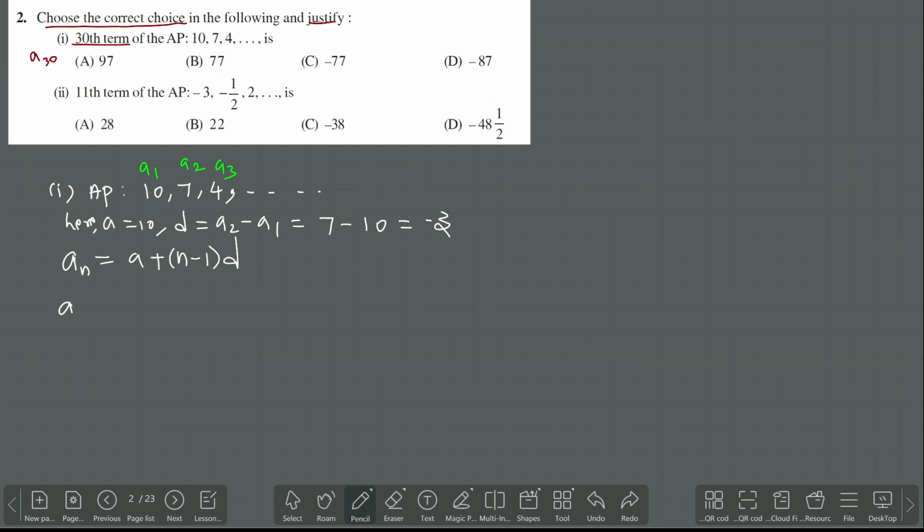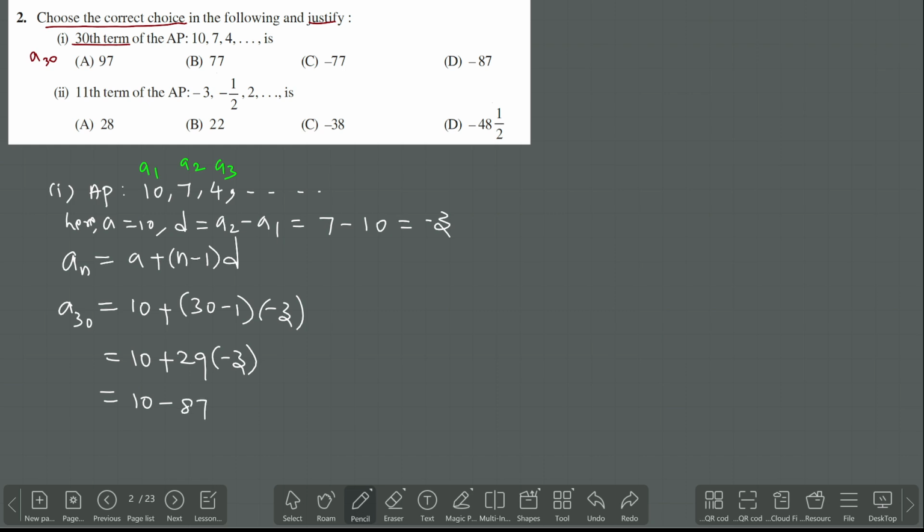Right, now we'll come to the substitution. They asked to find A30. So A30 equal to A value 10, N value 30, D value minus 3. Now 10 plus 30 minus 1, 29, D value minus 3. Now multiply: minus 29 threes are 87.